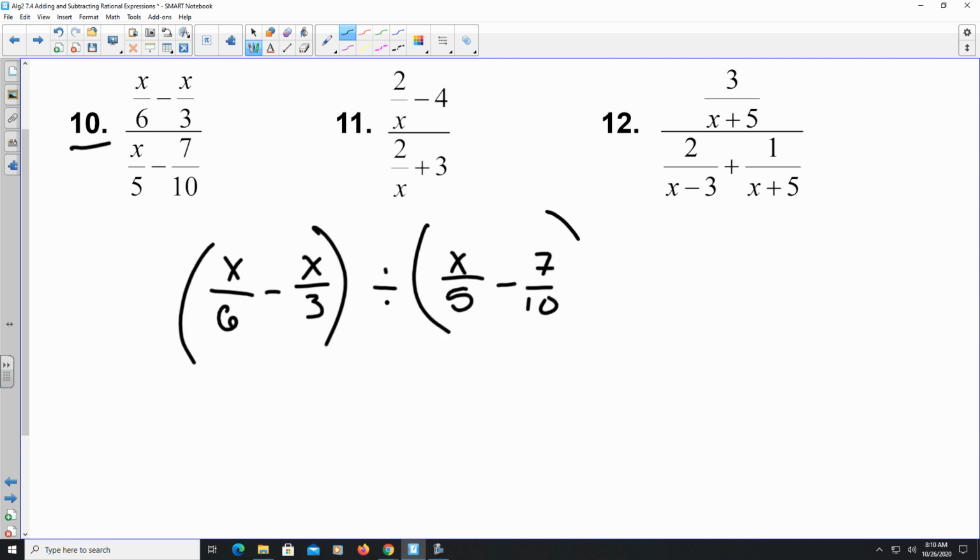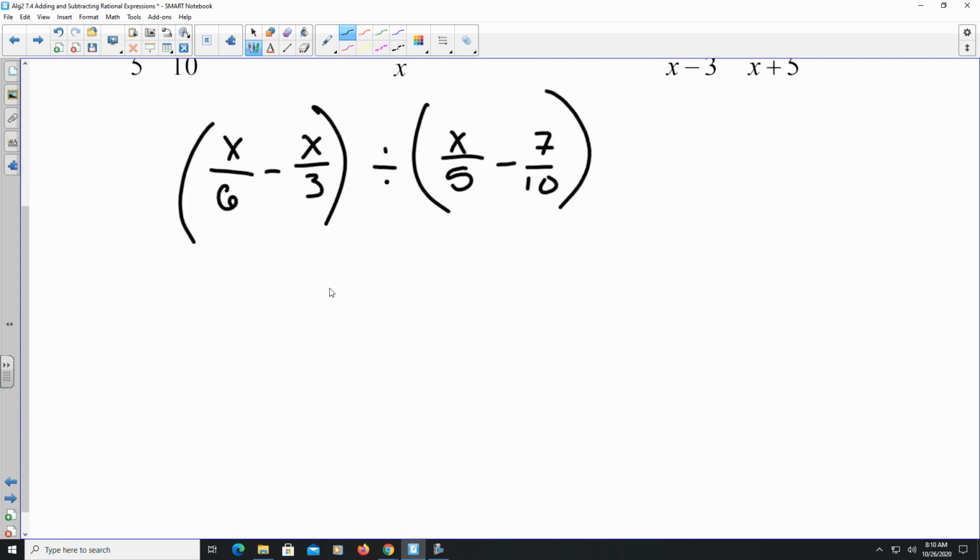Here I have two fractions in each set of parentheses, so I have to make each one a single fraction. Between 6 and 3, my least common denominator is going to be 6. So 6 goes here, minus 6 goes here. I didn't change anything here, so this is just left as x. To get from 3 to 6, I have to multiply by 2, so this is going to be 2x.